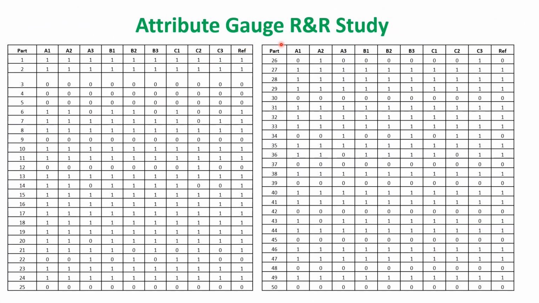Things will be more clear if we see the example. So this is an attribute gauge study example from the AIAG manual. There are 50 jobs, initial 25 here, later 25 here, total 50 jobs. Now these are attribute jobs. Either you will get okay or not okay. Whenever you get the result okay, it will be written as 1.